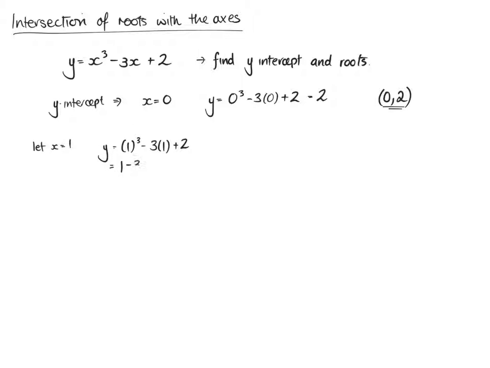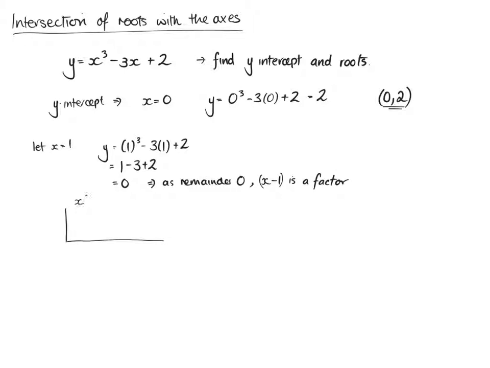So 1 minus 3 plus 2, which is equal to 0. Therefore, as remainder 0, x minus 1 is a factor. Okay, and you need to justify this, so you need to write that sentence there, like the 'as remainder 0, x minus 1 is a factor'. It's really important.